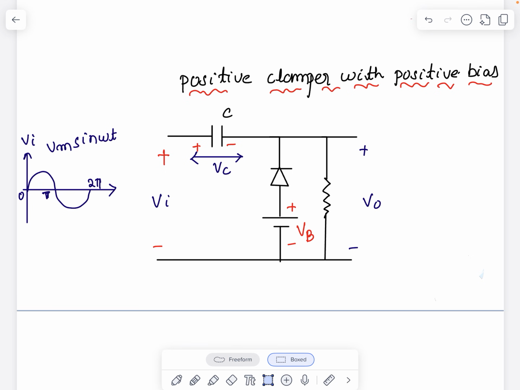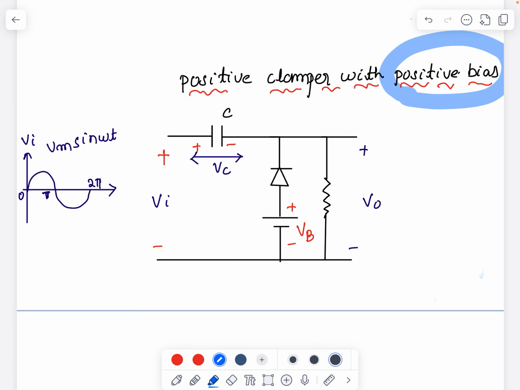When I say positive bias, I am basically using a voltage source or a reference voltage, termed as VB here. You can see I am using a VB voltage source, which is connected in series with the diode. So the circuit remains the same as the positive clamper, but only an extra voltage source is added.